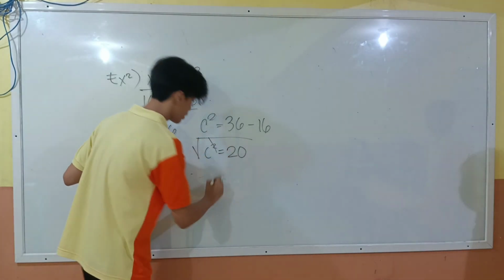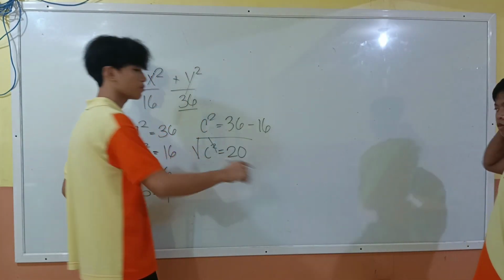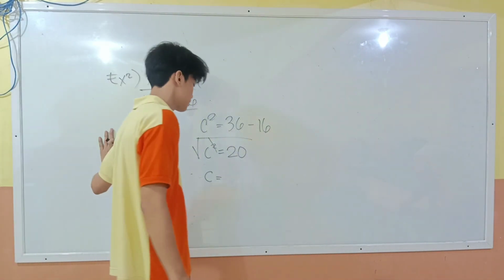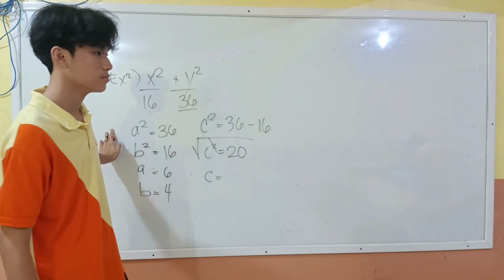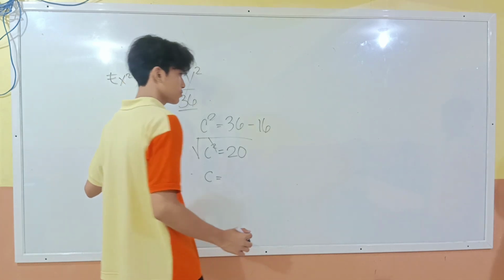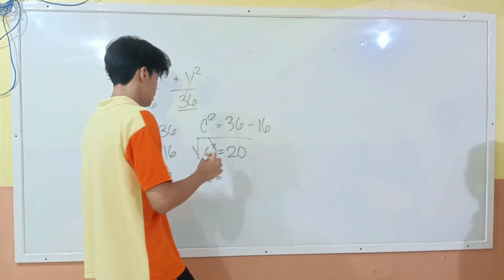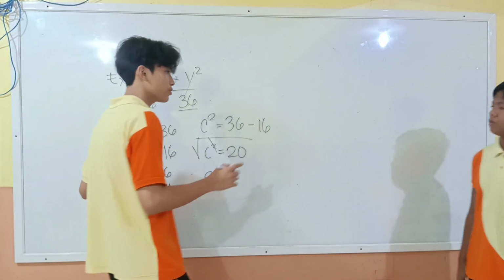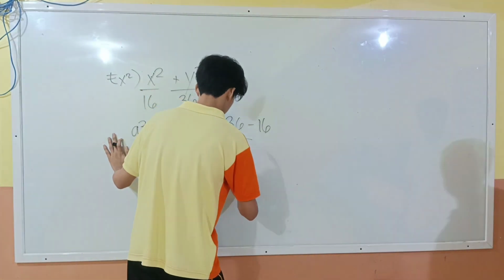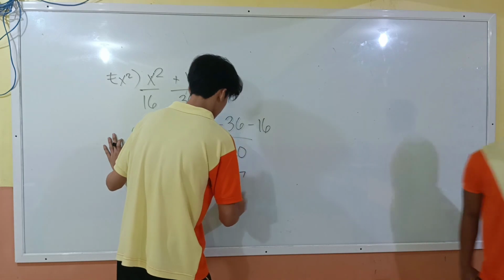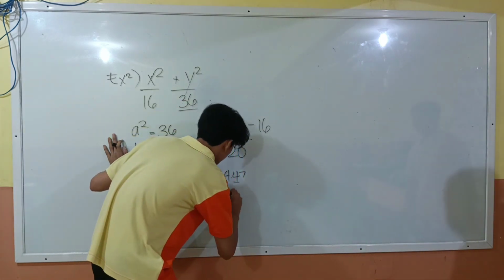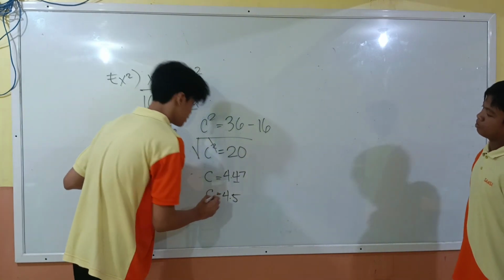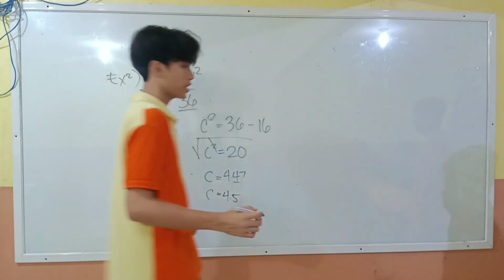Then we're left with c. So can you please get the square root of 20? 4.47. So we can round it up right here, and we will get 4.5. So now that we know our foci is 4.5, we can graph now.